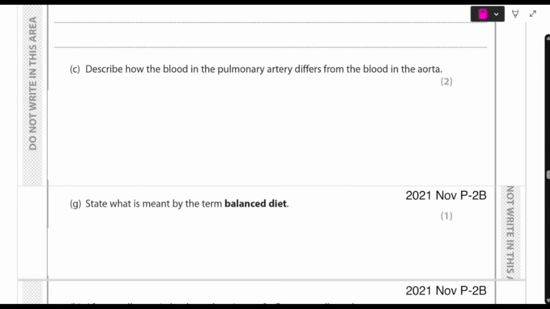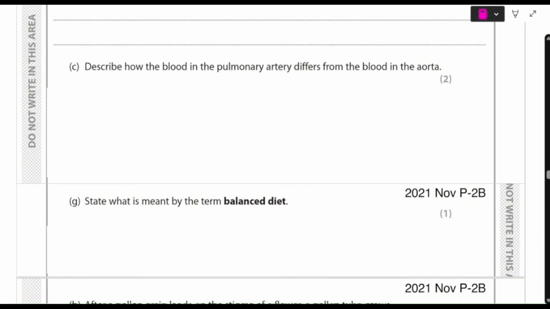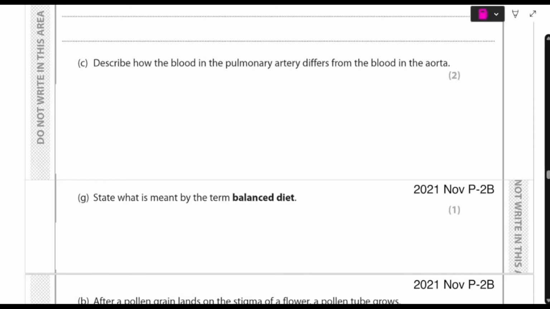Describe how blood in pulmonary artery differs from the blood in aorta. So, pulmonary artery carries the deoxygenated blood with a high concentration of carbon dioxide to the lungs. Meanwhile, aorta carries the oxygenated blood carrying oxygen and carbon dioxide to the body from the left ventricle.